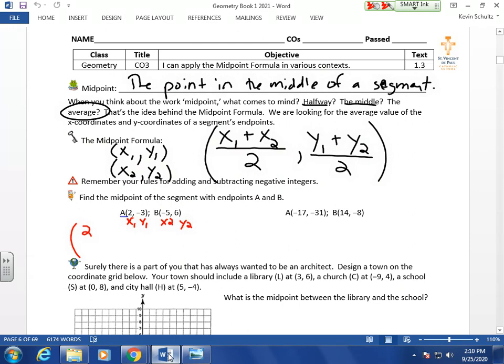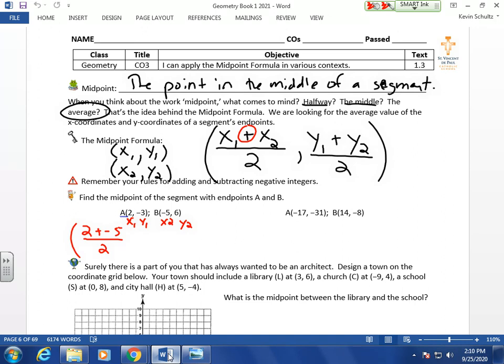Okay, so x1 plus x2, +2 plus -5. In algebra, we are talking about adding a negative number, right? And here we see the application of that. The plus sign, being part of the formula, has to be there. And then the negative sign that belongs to the 5, our x2 value, has to be there as well.